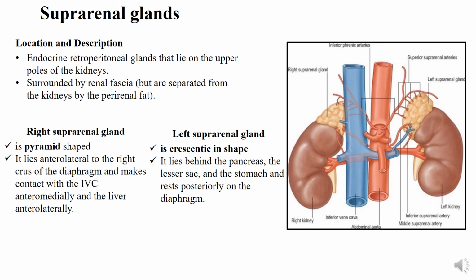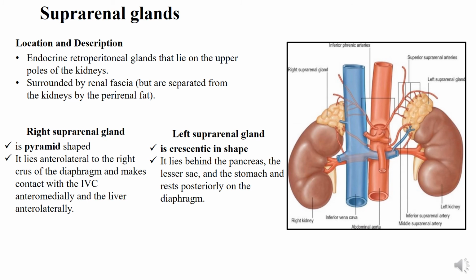Now we'll talk about the suprarenal gland. These glands are located between the superior-medial aspects of the kidney and the diaphragm, and they are surrounded by connective tissue which contains the perinephric fat. They are also enclosed by the renal fascia.